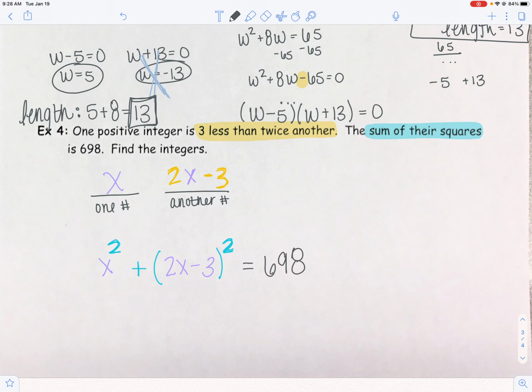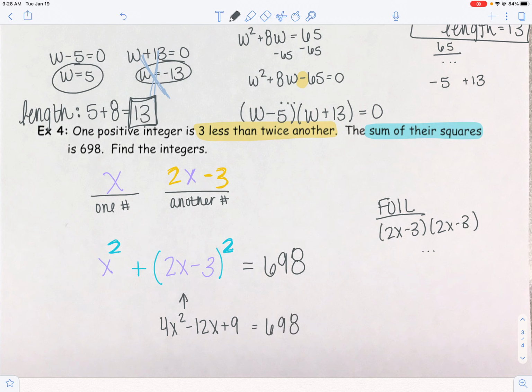Alright, so where you're going to go from here is you're going to have to FOIL 2x minus 3 squared to be 2x minus 3 times 2x minus 3. You're going to FOIL that thing out, and then you're going to take that number, which ends up being 4x squared minus 12x plus 9. You're going to stick it in there, carry everything down.